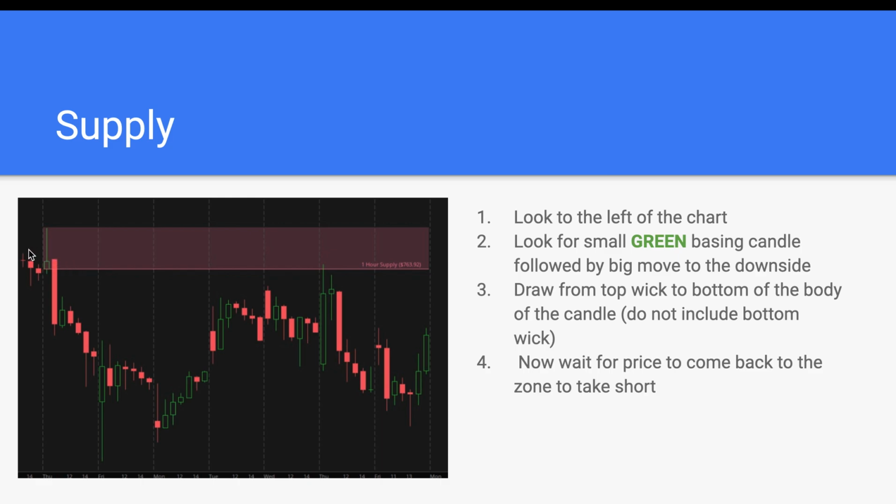So you're always just looking for the price to come back into that zone, waiting for confirmation to see that it's going to hit, and you're going to get a movement out of that zone, and then you can take it short or take it long. So you could put your stop, like I said, at the top of this candle, the previous candle that we had our drop in.